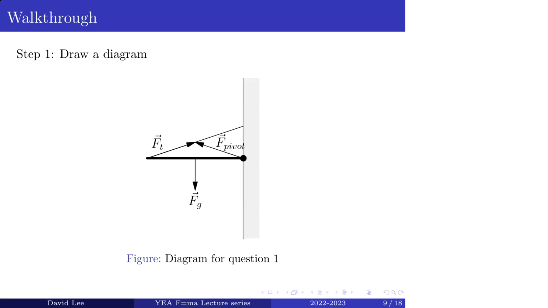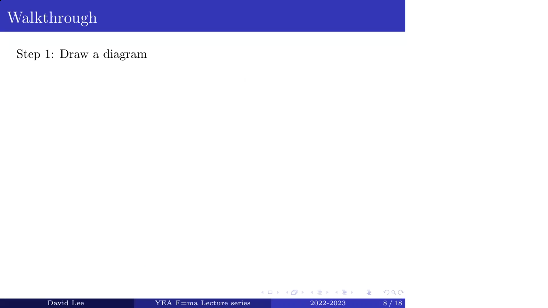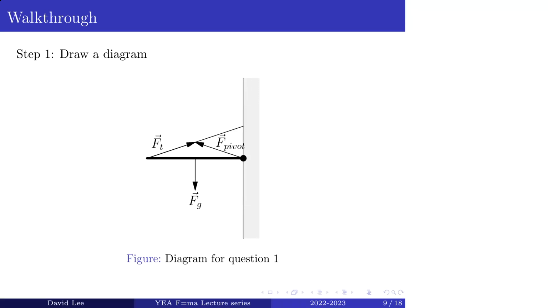But one thing that's really nice is that the angle of the string is given to us. So when we're calculating torques, we'll know the angle of the tension force, but we won't know the angle of the pivot force. So it will be much easier to choose the pivot as our origin, because that will make any force from the pivot contribute zero torque. So we don't have to worry about torque from the pivot.